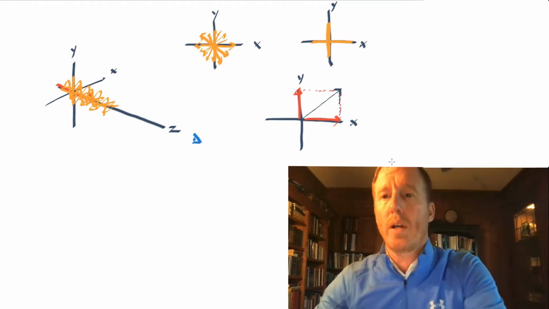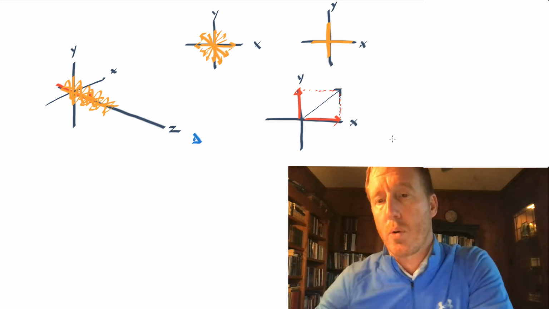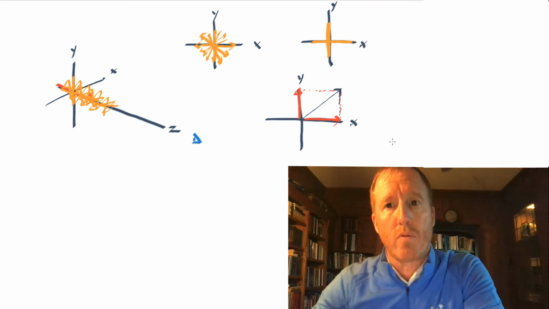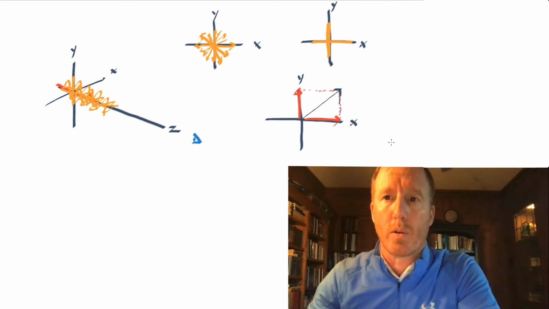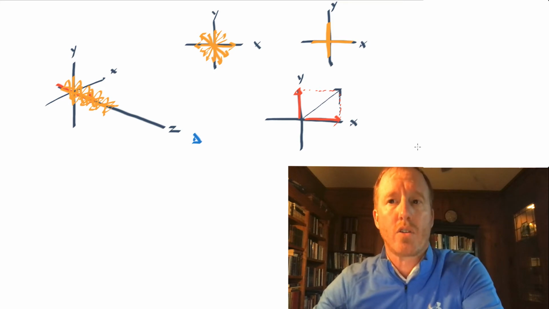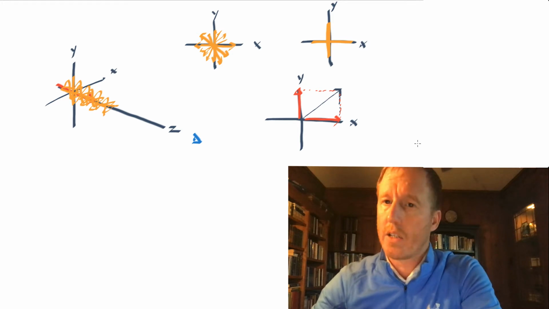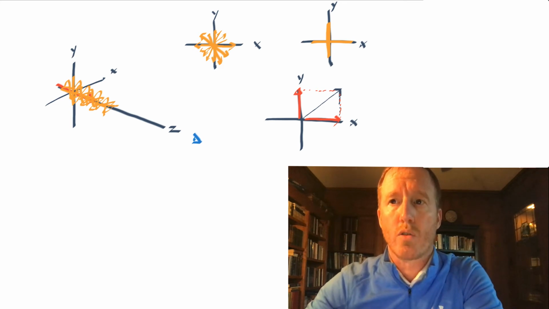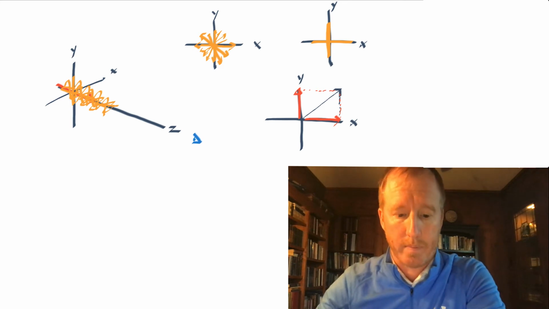So knowing how much is in the east and how much is in the north direction, you can amply describe this diagonal direction. It's very similar for light. If we consider diagonally polarized light, you can break that down into a horizontally and a vertically polarized component. So that's why it's usually convenient to talk strictly about the X polarization and the Y polarization. Okay, that's just by way of some background, and those are going to be some important concepts that we're going to need to draw upon in this chapter.